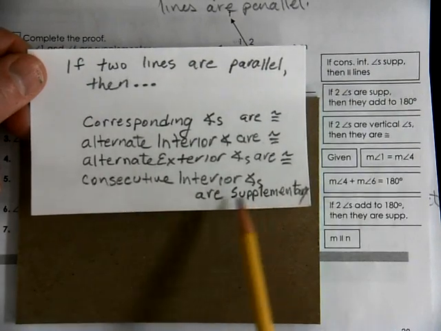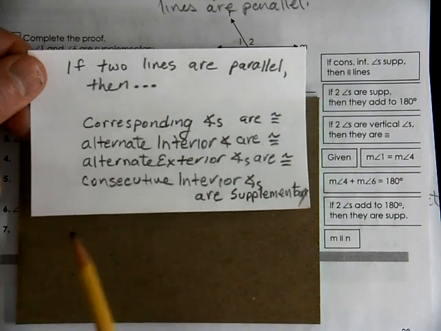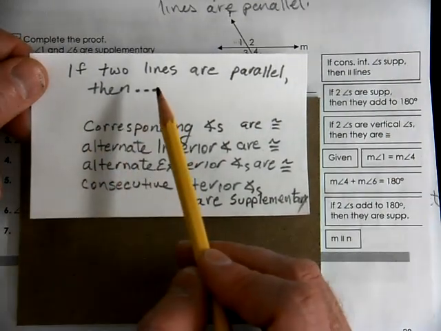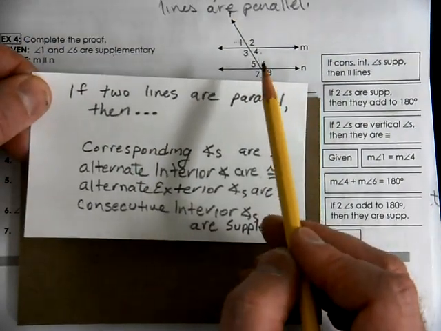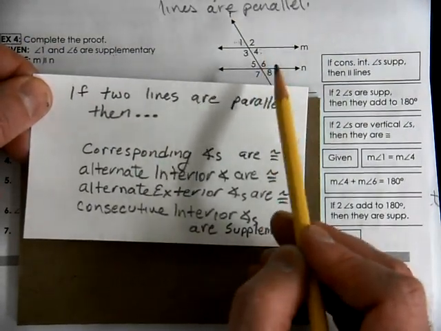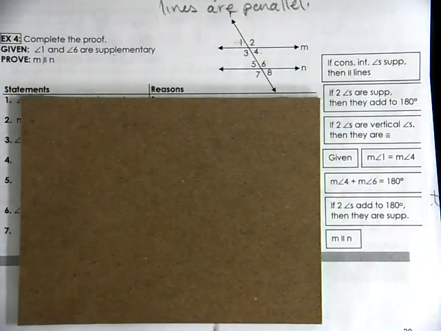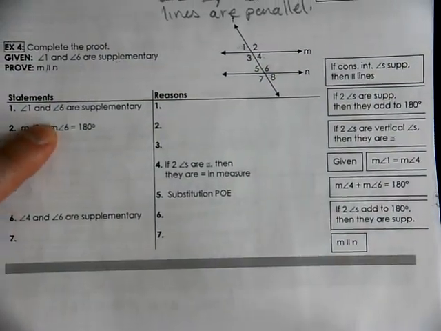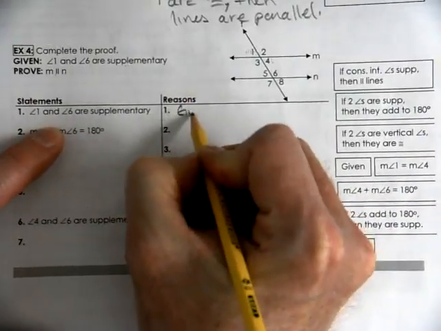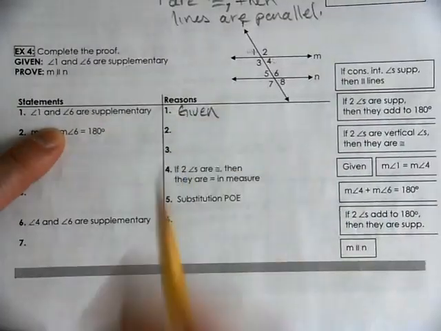If corresponding angles are supplementary, then my lines are parallel. If I can show 4 and 6 add up to 180, then I know my lines are parallel. So let's go ahead and do that. This came from the given information. Given.